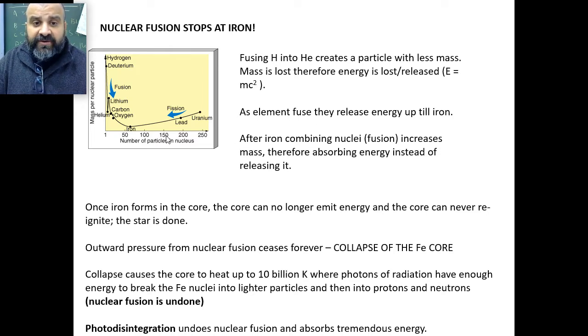Once we reach iron, if you were to try and fuse iron into heavier elements, combining nuclei, nuclear fusion, increases the mass. If we were to take two atoms of iron and fuse them, the resulting nucleus gets heavier.